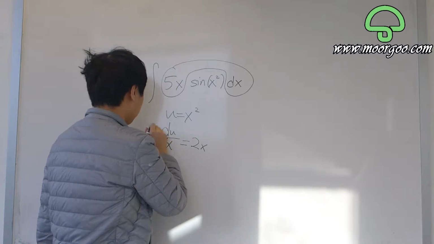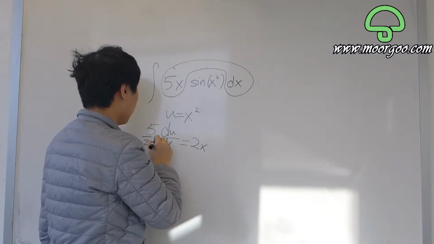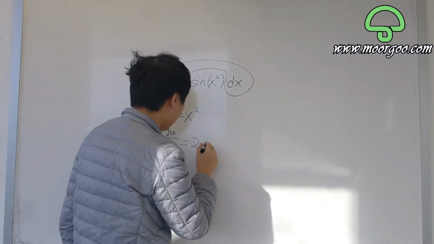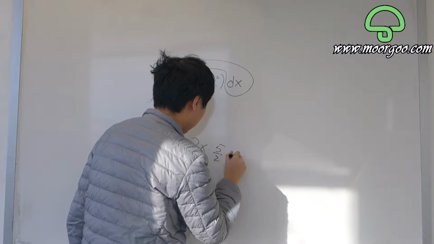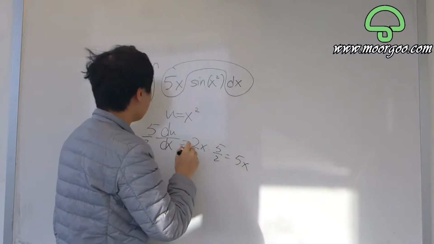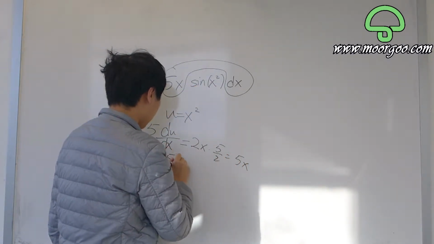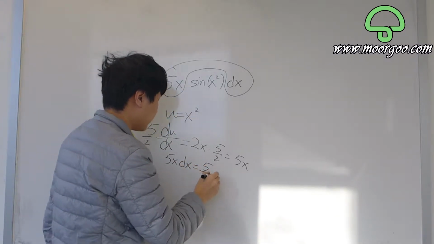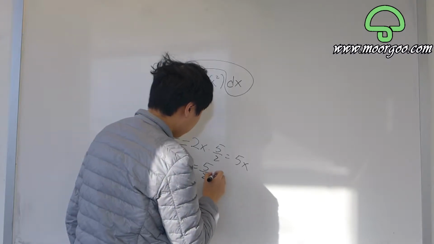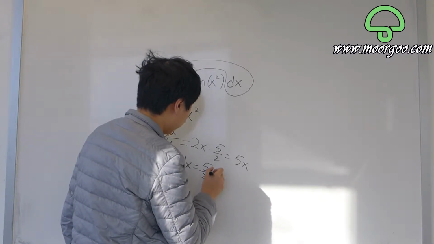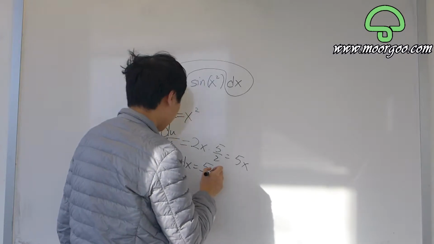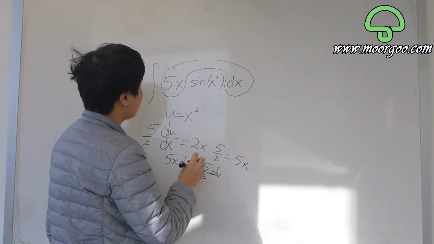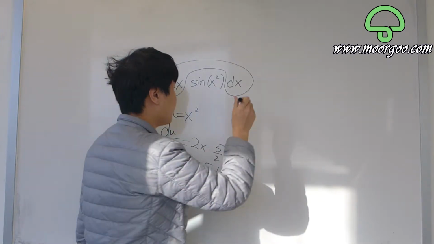So we multiply this by 5 half, and we get 5x. So we know that 5x dx is 5 du over 2. Okay, so we can continue.